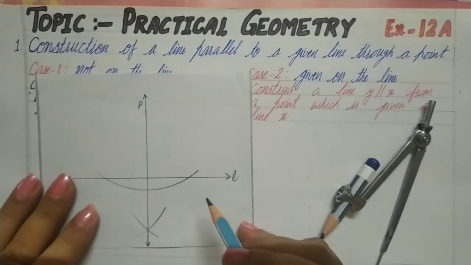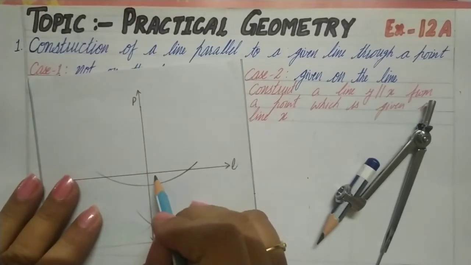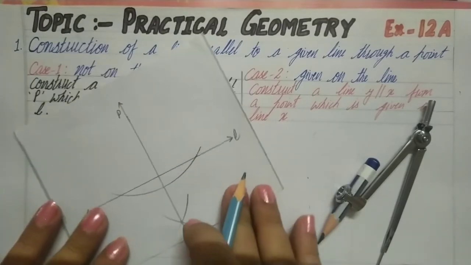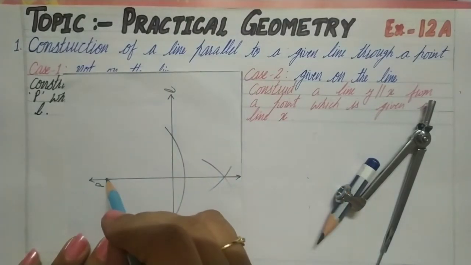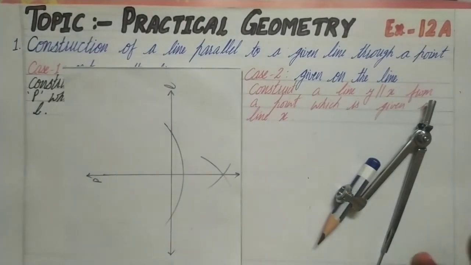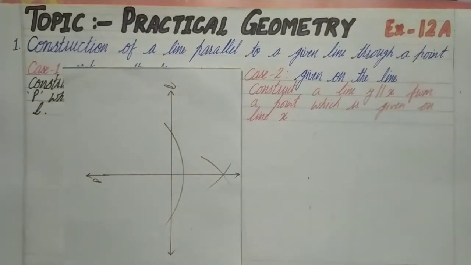Since the alternate angles must be equal for two lines to be parallel, and we know that this is the perpendicular, meaning an angle of 90 degree, we will proceed the same way at point P. Now at point P we have to draw an angle of 90 degree.